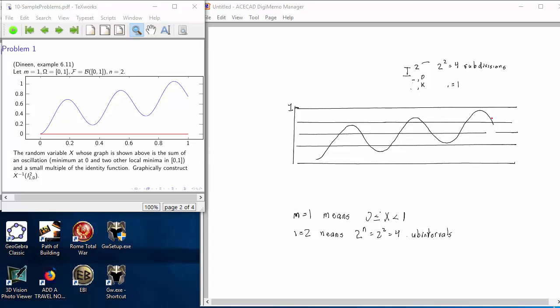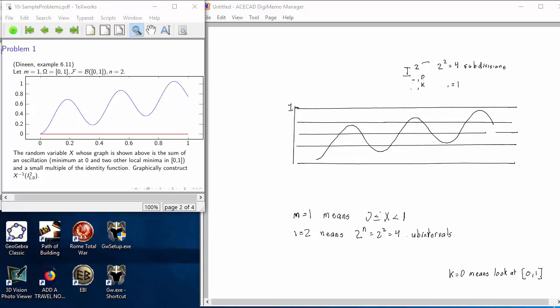Okay. K equals 0 means that we look at the interval from 0 to 1.